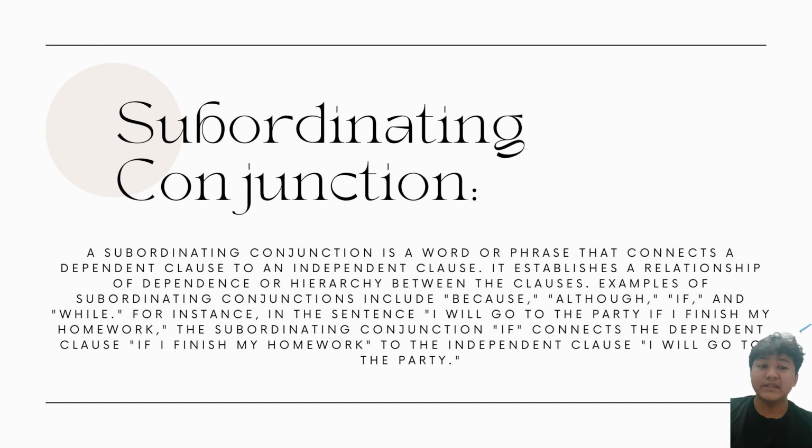For instance, in the sentence, I will go to the party if I finish my homework, the subordinating conjunction if connects the dependent clause if I finish my homework to the independent clause I will go to the party.